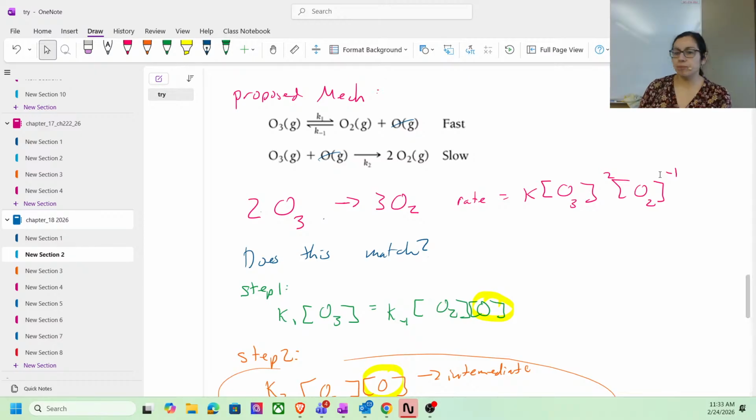Are we always assuming that those reactions are in equilibrium? So if it's fast, yeah. That's the whole point of it being fast: yes, it is in equilibrium. It's just because this is the fast part, right?